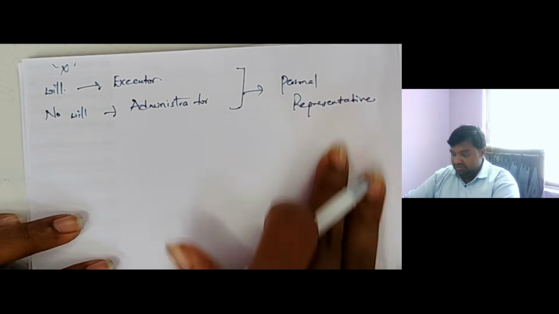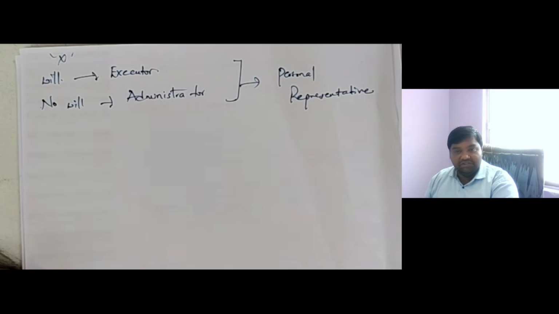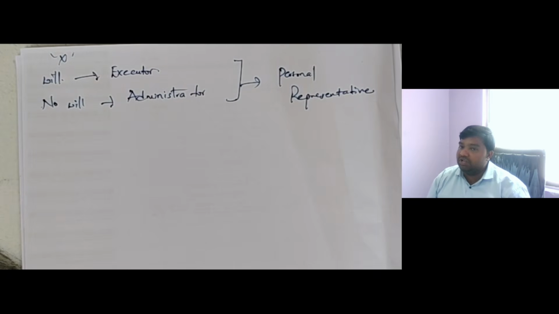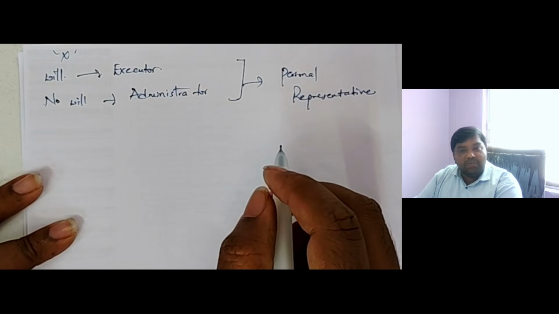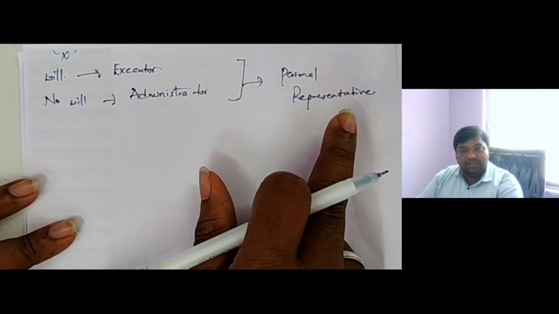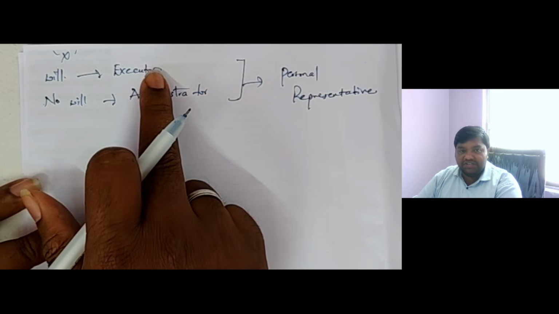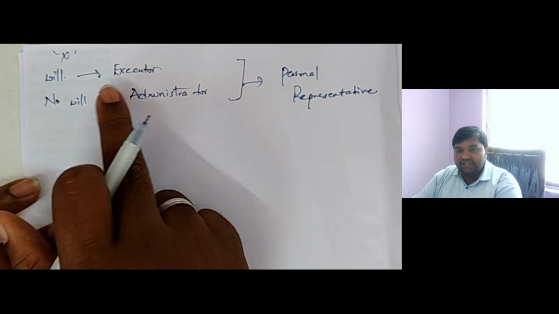Now, once the estate is created, we will be discussing only from the taxation point of view. How the assets will be distributed, we are not discussing. Once the estate is created, there are 3 obligations on the personal representative, whether executor or administrator. If there is a will, we call him executor.